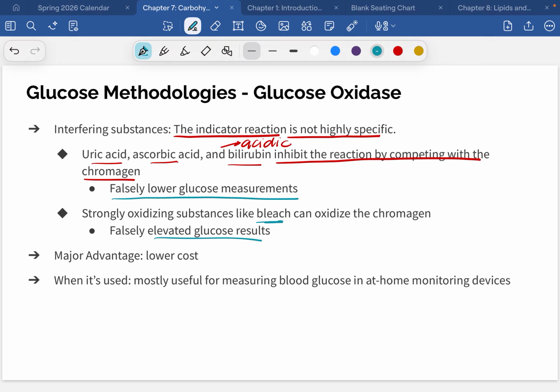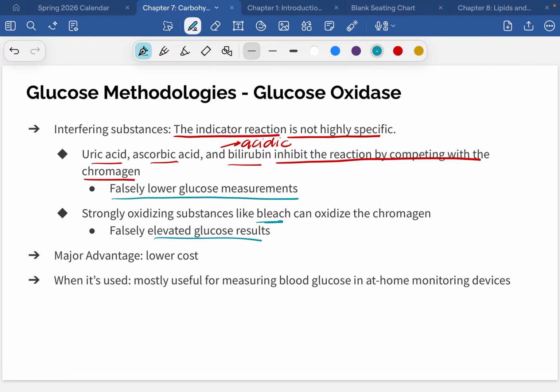This reaction is not all that specific. So the biggest disadvantage of the glucose oxidase is that the indicator reaction is not highly specific. There's a lot of things that can cause falsely lower glucose measurements and falsely elevated glucose measurements.